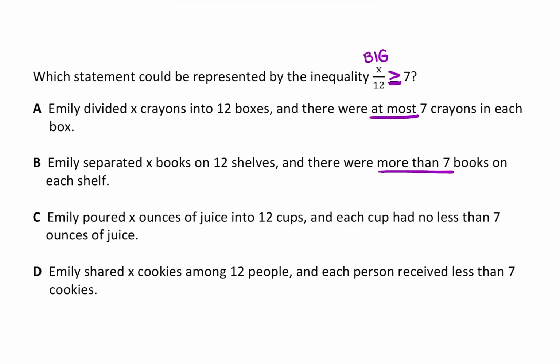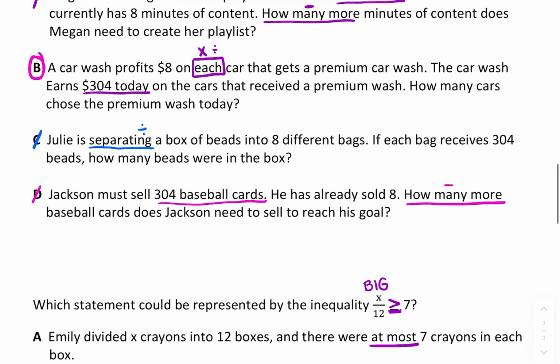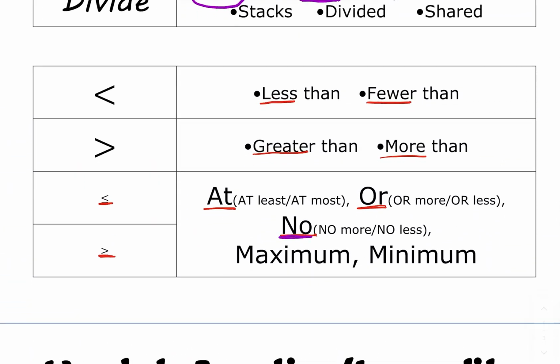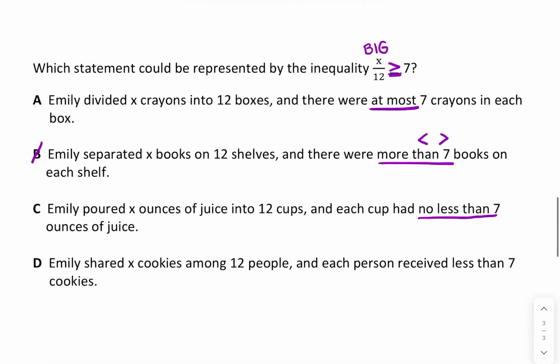B says more than, so that's out. No less than, that could be there because, like we talked about on the front, that no can equal a line, okay?